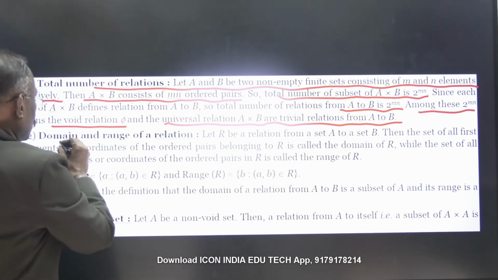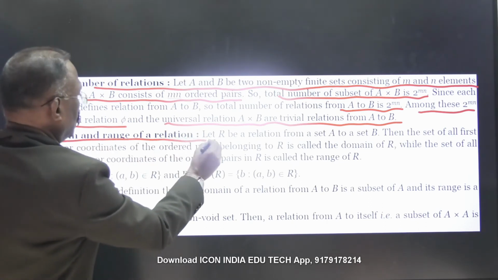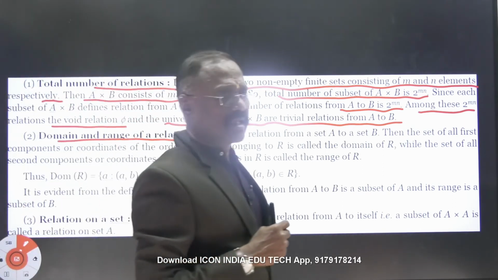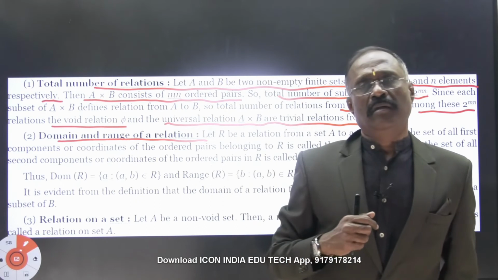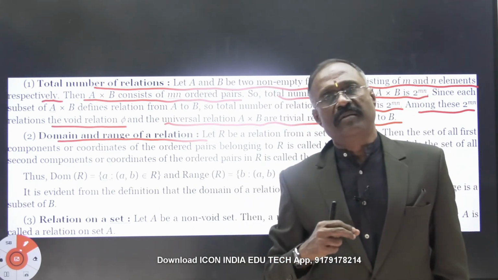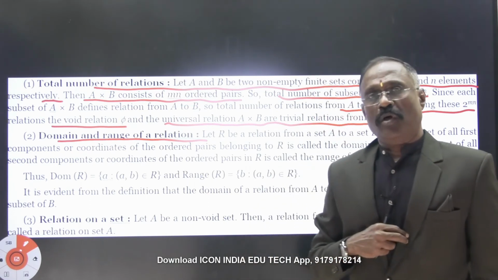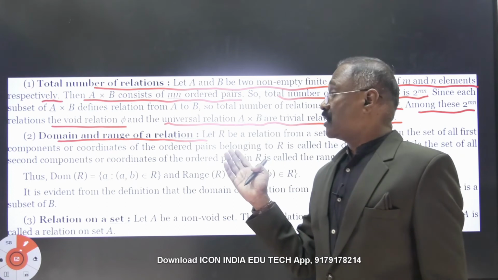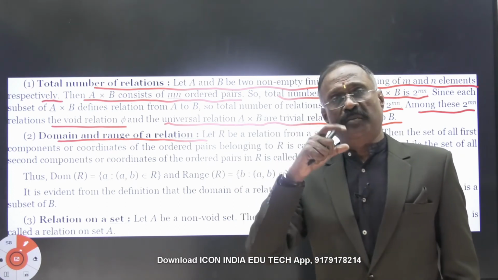And the next one is domain and range of a relation. In the domain and range, broadly understanding, my dear boys and girls, domain is simply the input and the range is simply the output. Whatever input is given, in mathematical terminology it is said to be the domain.